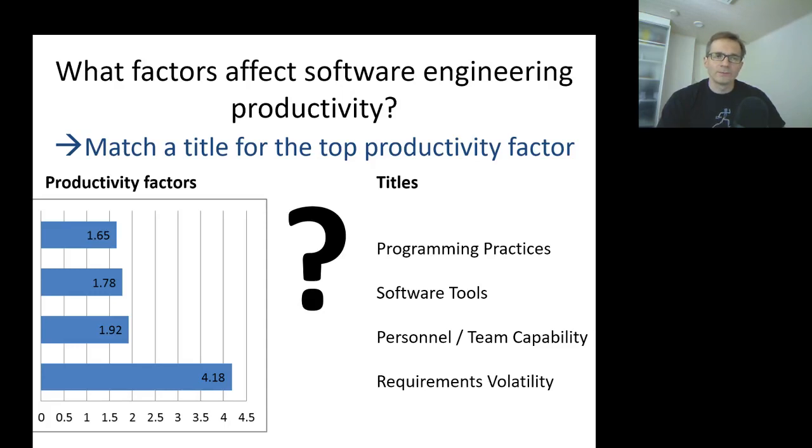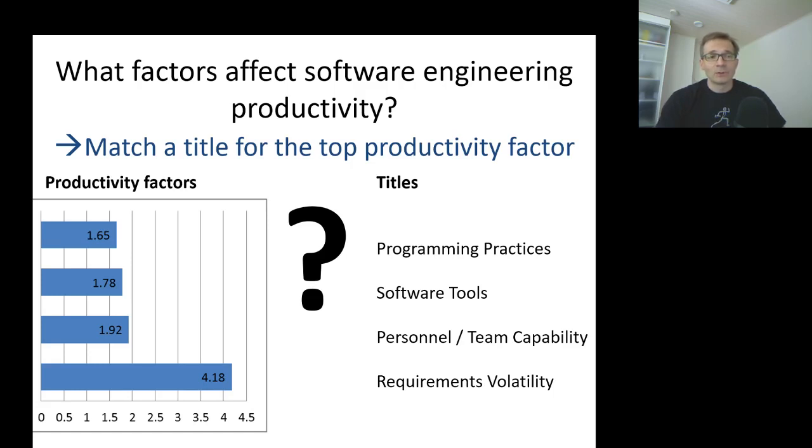Your task is to find the top productivity factor. Productivity factors are given on the right, and they are programming practices, software tools, personnel and team capability, and requirements volatility. On the left, you can see how big a factor each of these has on productivity.